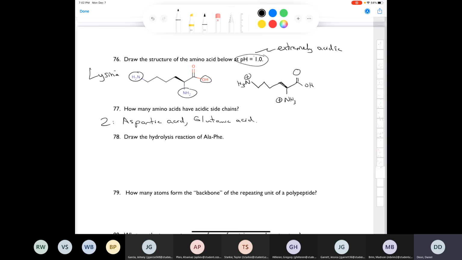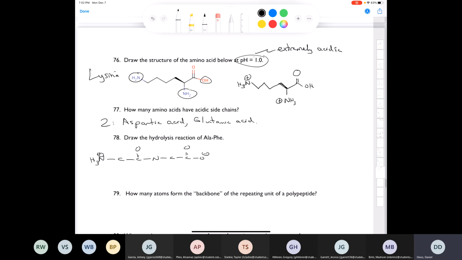What else? Draw the hydrolysis reaction of alanyl phenylalanine. Well, first you'd want to draw the amino acids. So the first one is an alanine, and we'll just start by drawing N, C, carbonyl, and then N, C, carbonyl.